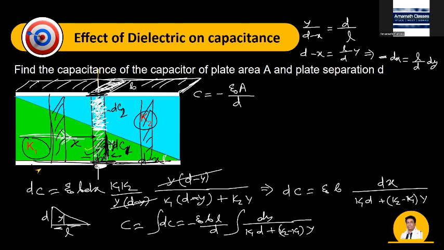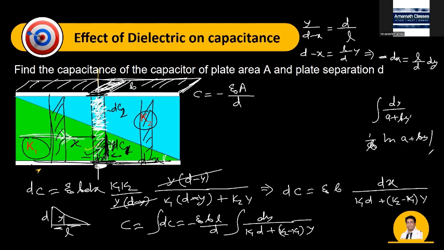It is nothing but an A plus BY type integration, the integral of dy over A plus BY. I hope you know it. It is 1 by B ln of A plus BY.